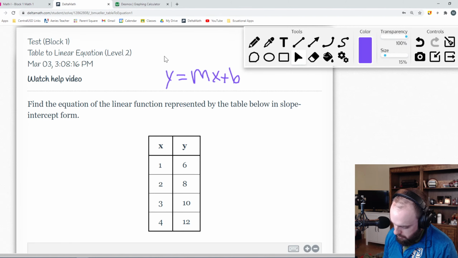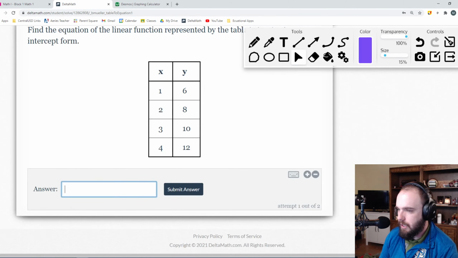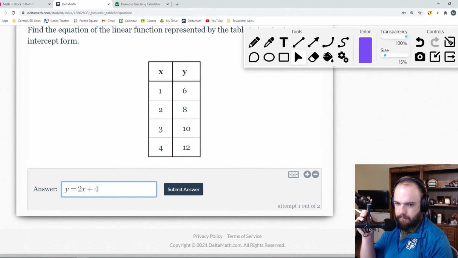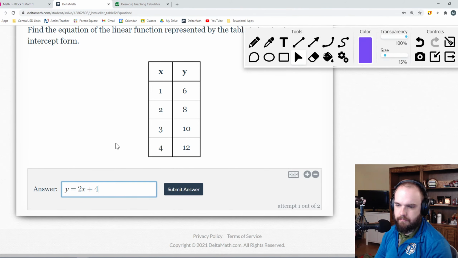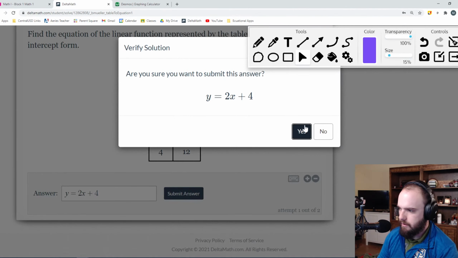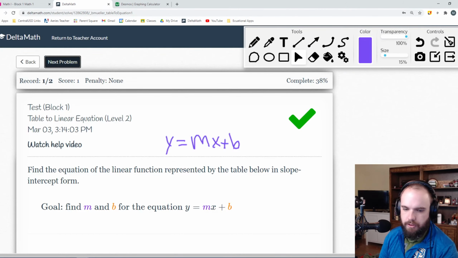All right, so that's what we're going to type in. So we have y equals 2x plus 4. And submit. All right, we'll have a green check mark. There it is.